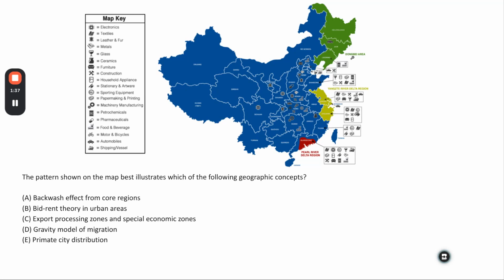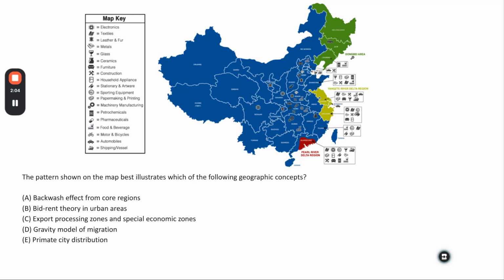Now, the second part is the connect, and the connect is really important. What we want to do here is read the stem question. In this practice question, we have the stimulus, and then our question just below that. The question reads: the pattern shown on the map best illustrates which of the following geographic concepts.